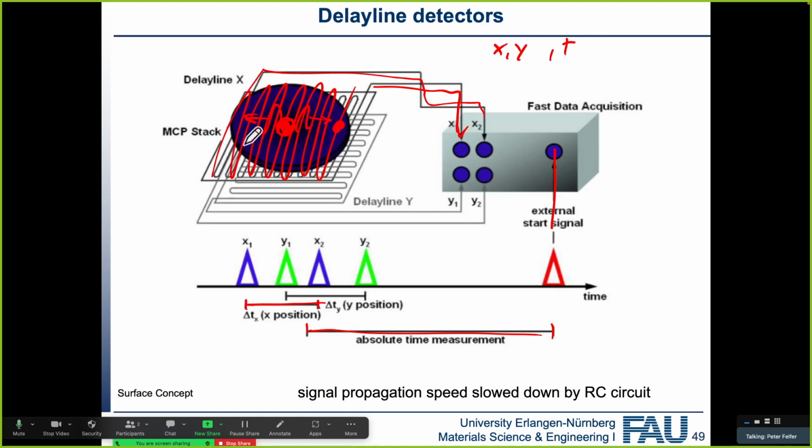Of course, since it's a wire coil, it only works for one direction, so we need to have at least 2 coils to get x and y. Some detectors only have 1 coil because you might only be interested in one coordinate. For example, if we do some spectrometry, sometimes people only need one.